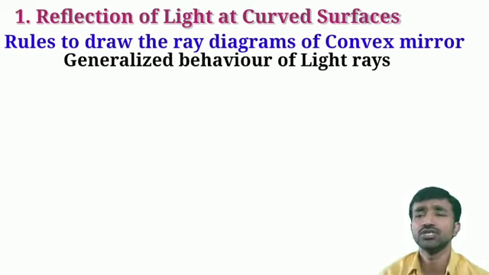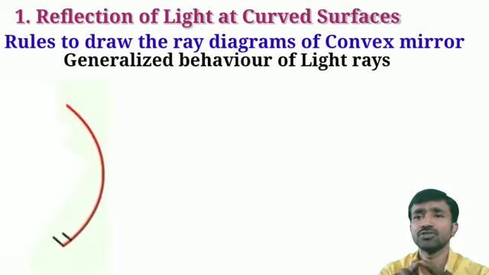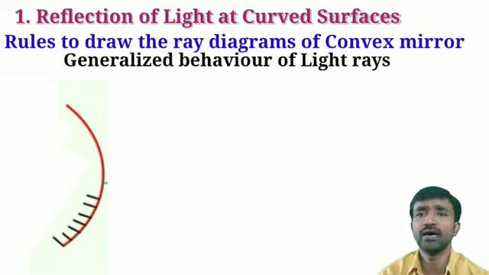For this, you need one plain paper, or use your notebook horizontally, in the landscape position, not in the regular vertical position. Draw your convex mirror on the left side of the notebook, in the middle.